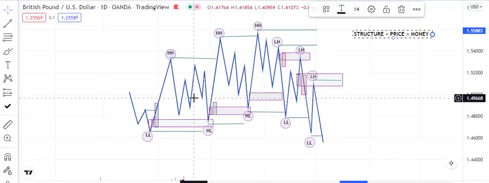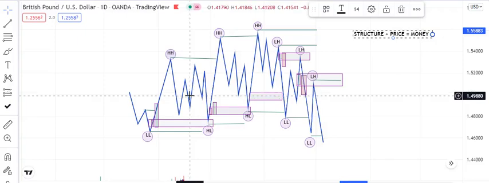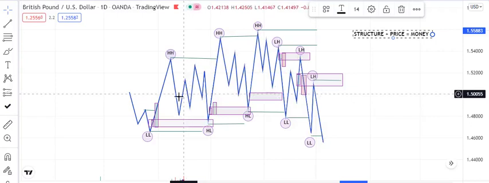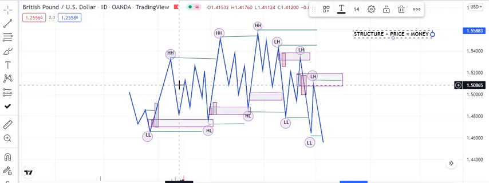Now as price breaks every structure, what you need to do is put a horizontal line on your swing high. How to determine the correct swing high is a topic for another day. You need to know your swing highs and swing lows if you must read structure correctly in the market.